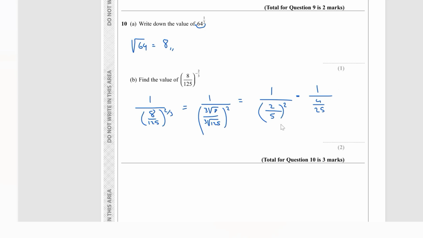Now if we write out this fraction, it will be 1 divided by 4 over 25. Now that is the same as 1 multiplied by 25 over 4. So 25 over 4 is our final answer.